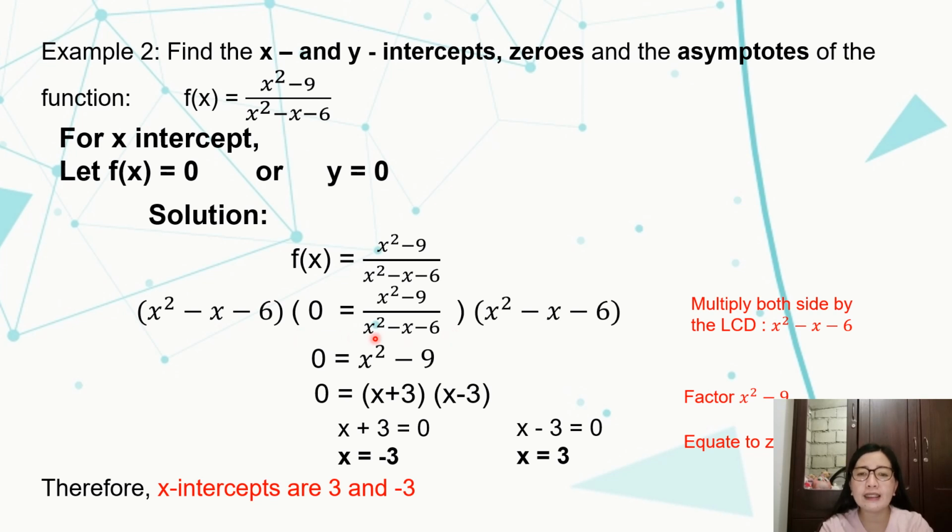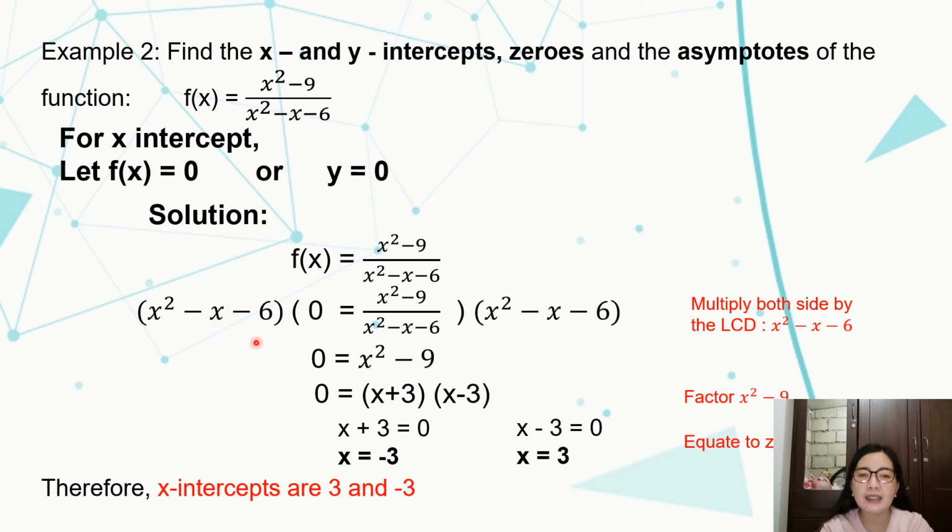So, since this is a rational equation, the first step to solve the rational equation is to find the LCD. So, since iisa naman yung ating denominator, ibig sabihin, siya na ang ating LCD. Then, after finding the LCD, multiply it to both sides of the equation.